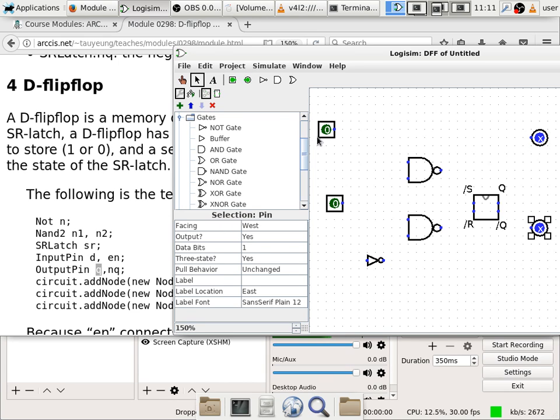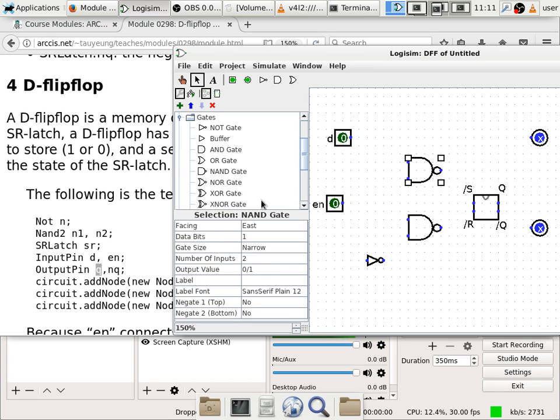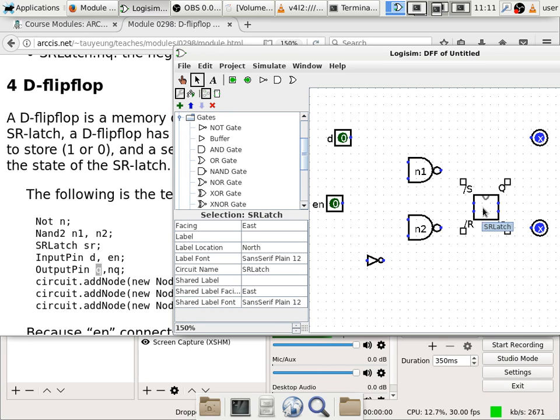All right, and we'll label everything so that we know which one is which one. The labels of the input pins are D for data, and then EN for enable. The NAND 2 gates are named N1 and N2. So we got N1 and we got N2. The SR latch is just called lowercase SR by itself.